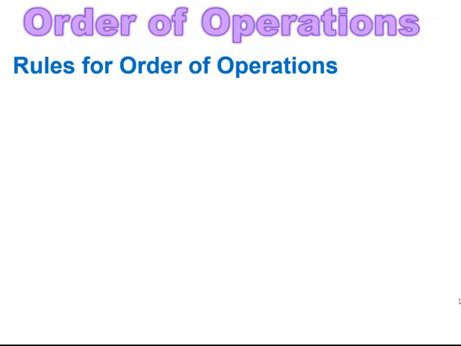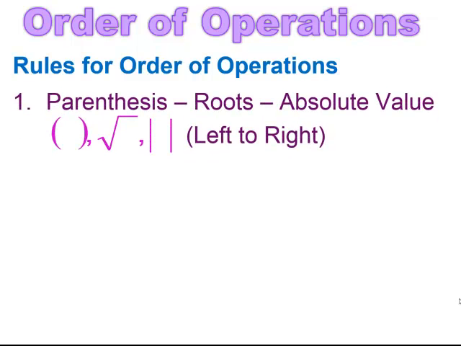When we talk about order of operations, you want to go in the order of first working with parentheses, roots, absolute values, any type of grouping symbol in mathematics. If there are operations inside the grouping symbols, you want to get it so that it's one number.